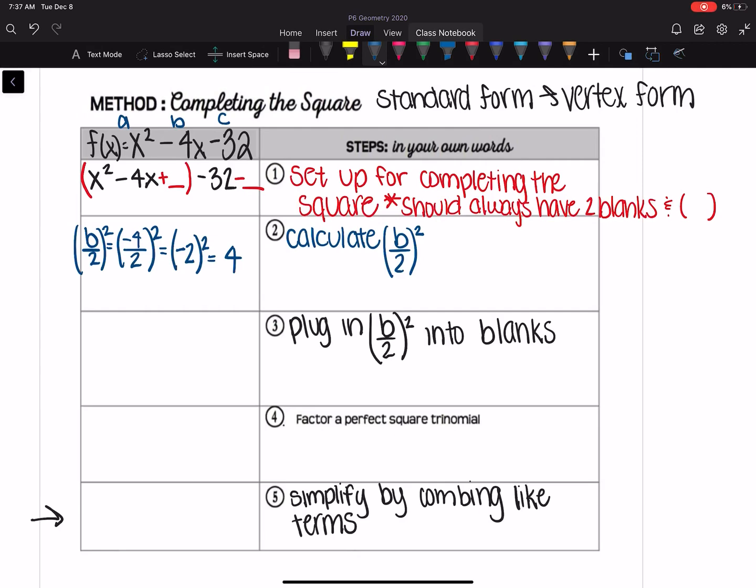My third step is going to be plugging in that value that we found into our 2 blank spots. So I'm just going to rewrite my function, adding in that +4 that we found.